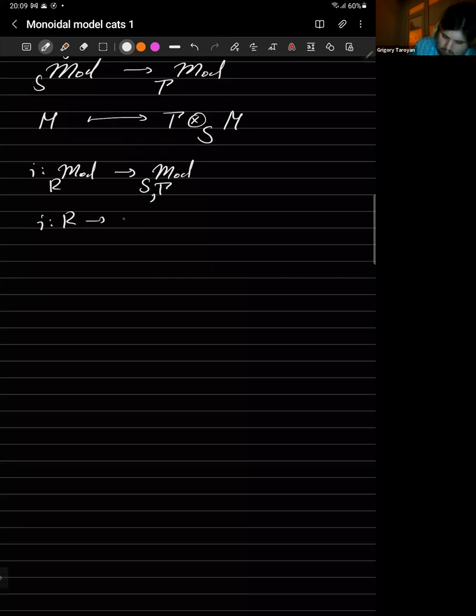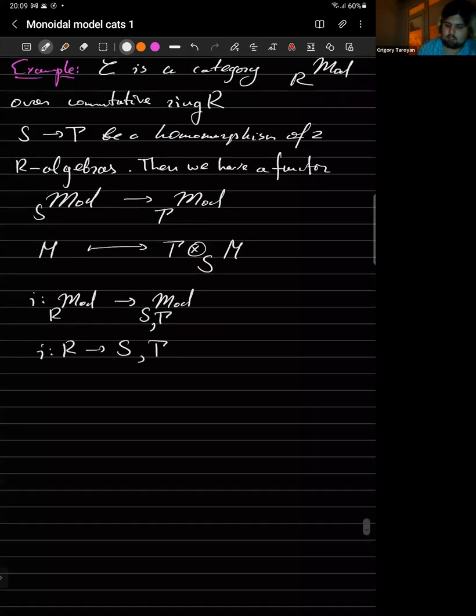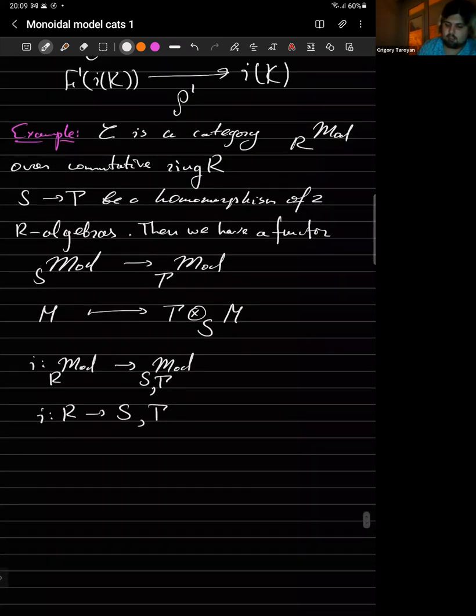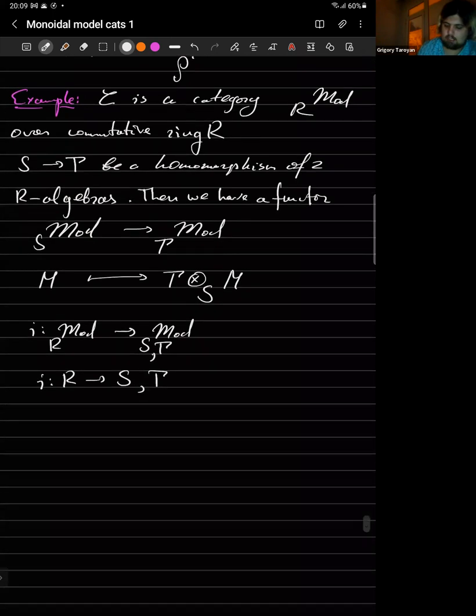So we have a homomorphism of algebras over Z from R to S or from R to T. And so we obviously have an induced morphism between categories, so an induced monoidal functor between categories.